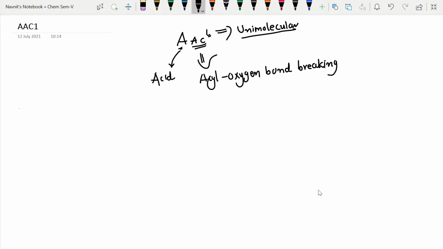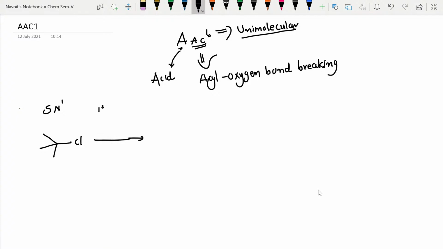Before I discuss this AAC1, let me take the example of SN1, where we have used tertiary butyl chloride, and SN1 is a two-step process.